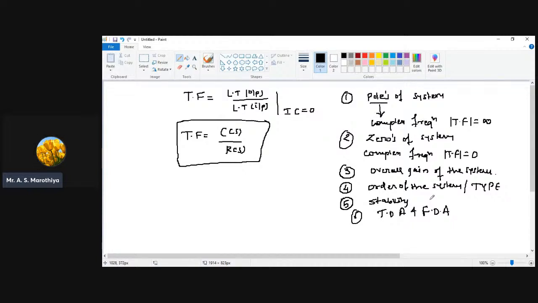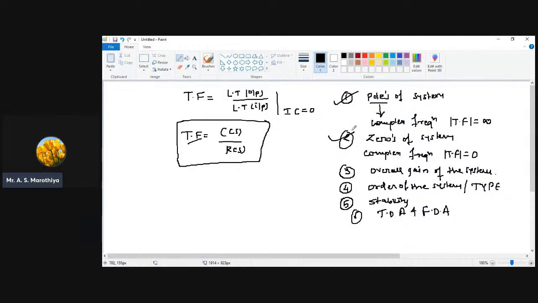Because we are in a position to find out all these things related to the system if we know its transfer function, it is very essential for us to find out the transfer function of a given system. Basically, we can find out the poles of the system, which are those complex frequencies where the magnitude of the transfer function is infinite.